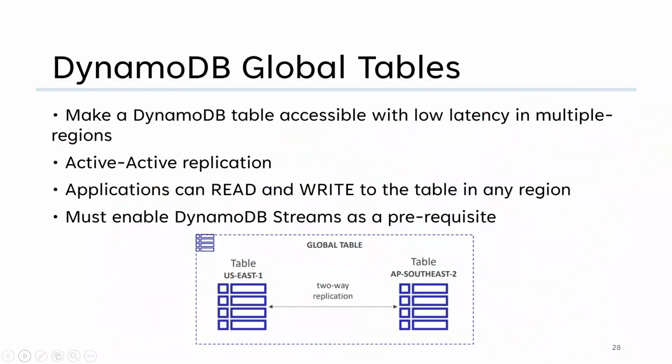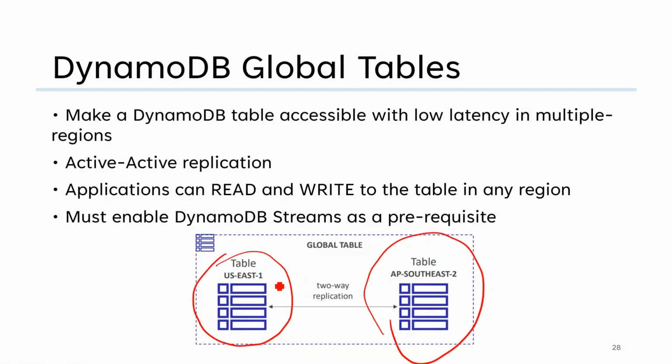Let us talk about DynamoDB global tables. What do you mean by DynamoDB global tables? It makes a DynamoDB table accessible with low latency in multiple regions. So basically you have one table in US East 1, and you have another table in AP Southeast 2. Basically it has active replication. It means that whenever a particular change happens in this table, then this table also gets updated.